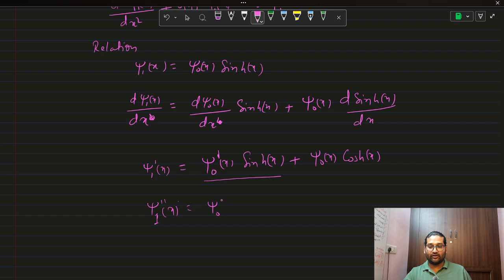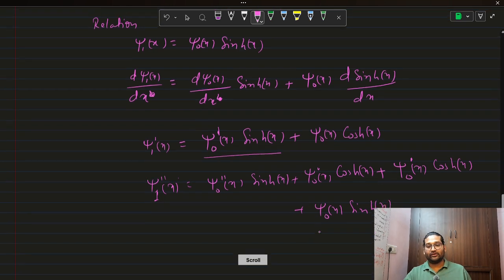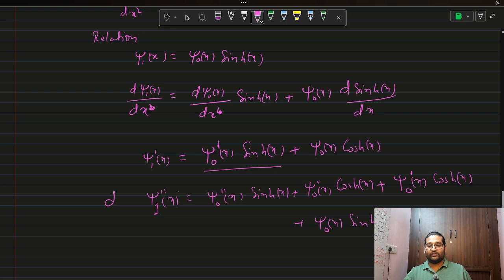So this will give psi naught double dash x sine hyperbolic x plus psi naught dash x cos hyperbolic x, plus now differentiate the second part, psi naught dash x cos hyperbolic x plus psi naught x sine hyperbolic x. Okay, so we have d2 psi by dx square.